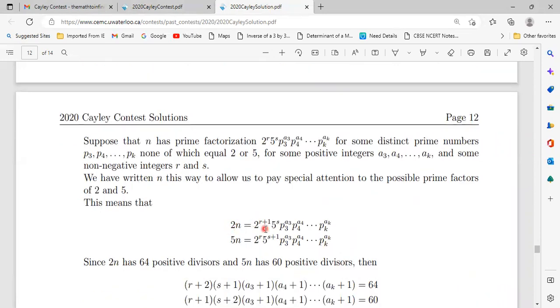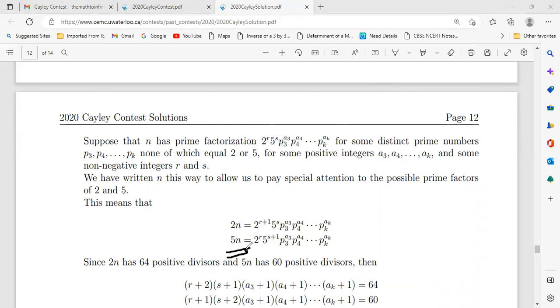For 2n, you are writing 2 power r plus 1, because you will include 0 also in this, so you will have r plus 1 factors. So it's 2 power r plus 1 and 5 power s, p3 a3, p4 a4, pk ak. You are just writing the same general form.